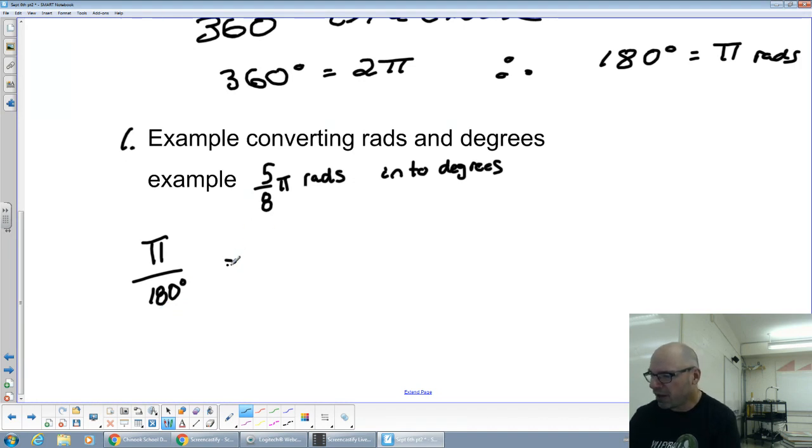And for the one that we want to convert, we put our radians on top, 5/8 pi radians, over some number of degrees, so we'll say n degrees.